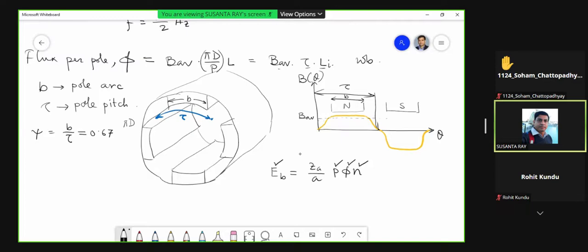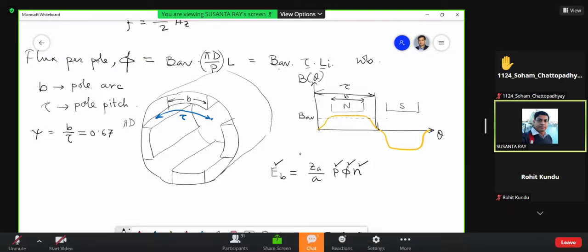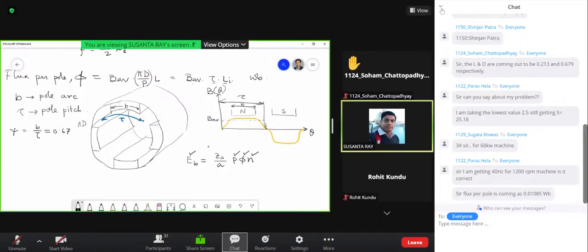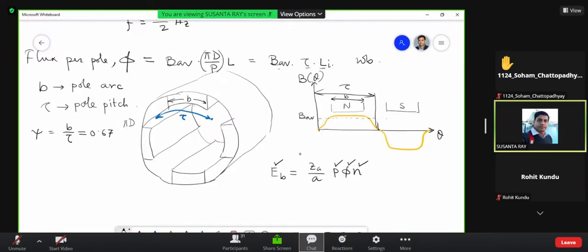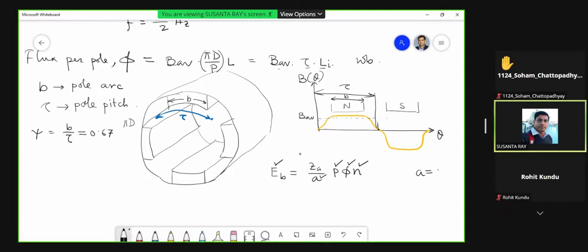That depends on the winding. If we go for wave winding, and accordingly we have chosen the number of slots, then A is also fixed. That means A is 2 for wave winding. That you know, I think. So from this you can calculate the number of armature conductors. That will be the next step in your calculation.